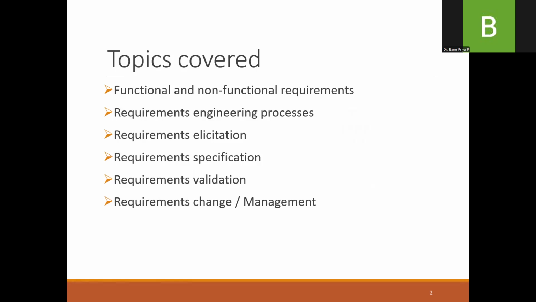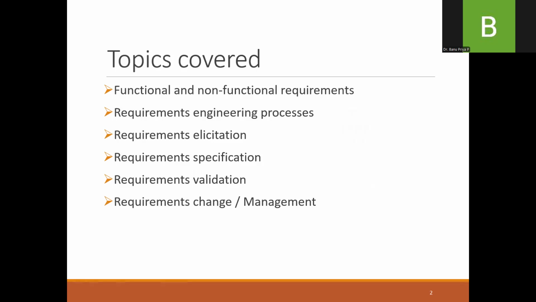What are functional and non-functional requirements? Then the requirements engineering process, which has the following steps: requirements elicitation, requirements specification, requirements validation, and finally requirements management. So this will be discussed in this lecture.